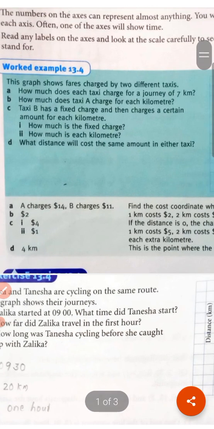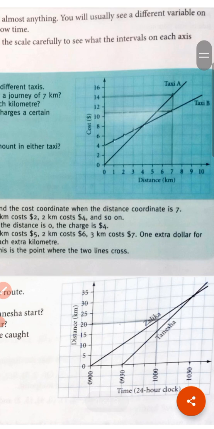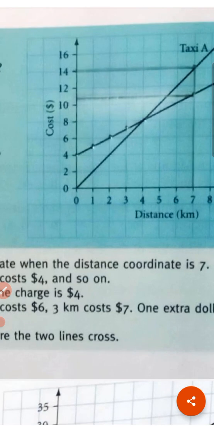How much does taxi A charge for each kilometer? Each kilometer means 1 kilometer. Taxi A. So children, from our graph, this is 1 kilometer, $2.